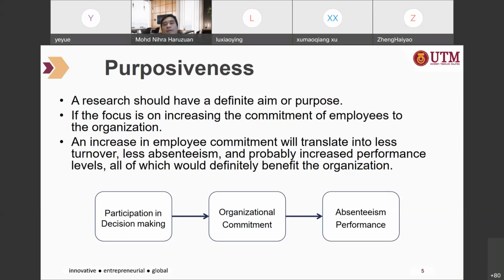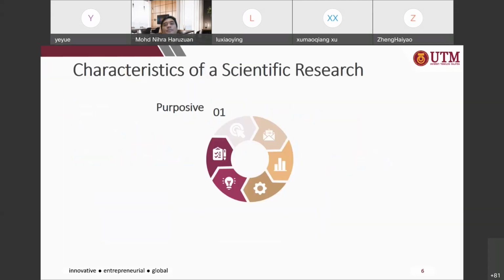You are doing the research because you want to help your organization and your country. You start with some decision making, and then you see the commitment will help you with the performance.